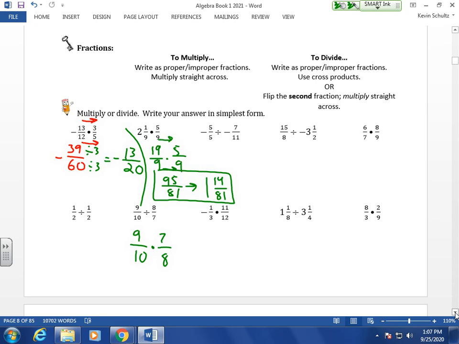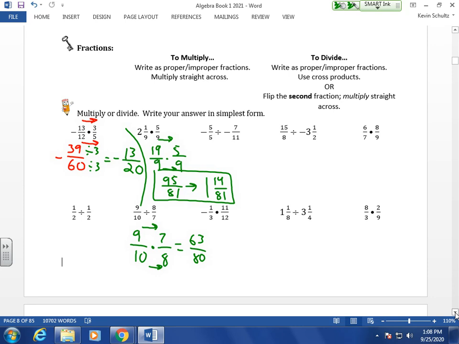And now that we've done that, we've rewritten this expression to be multiplication. Our process goes right back to what we did up top, right? We're multiplying straight across. 9 times 7 is 63. 10 times 8 is 80. And since we can't simplify that, then we know that we're done. Okay?